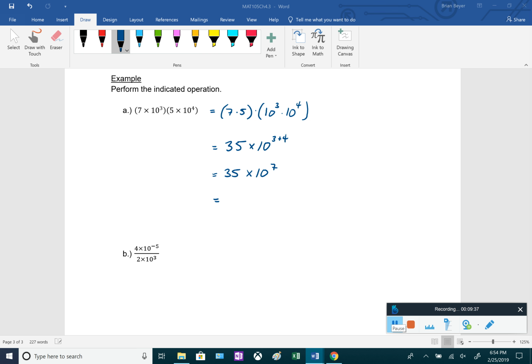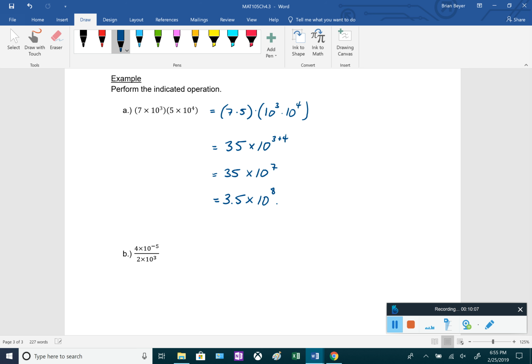We need the absolute value of that number to be between 1 and 10, because we need a single digit out front. So we want it to be 3.5 instead, because 3 is a single digit. 35 was a double digit. So we have to adjust the exponent, because we moved that over. Since we moved that one more spot to the left, we have to add 1 to the exponent and make it 8.